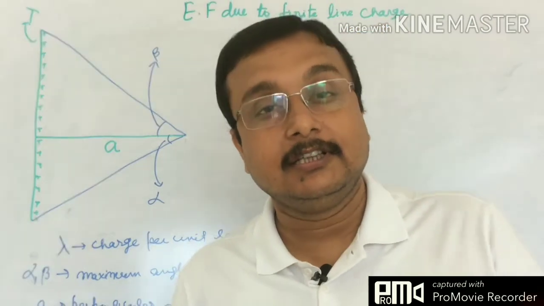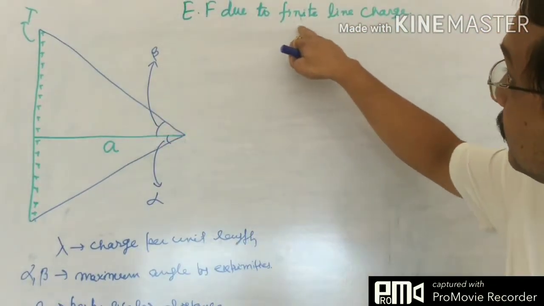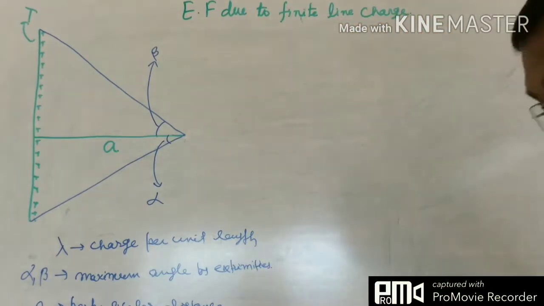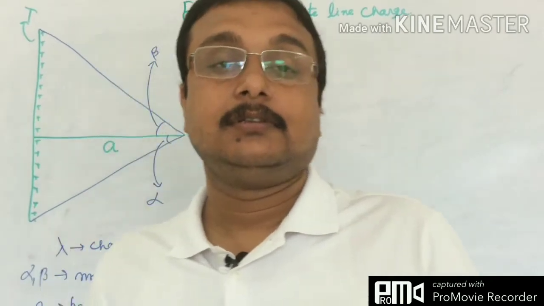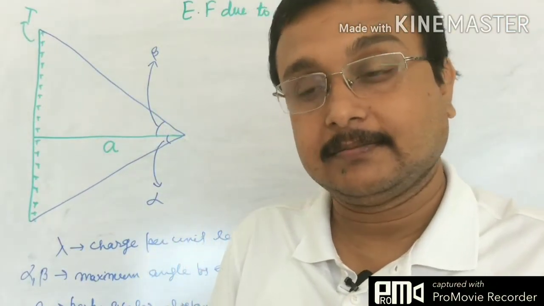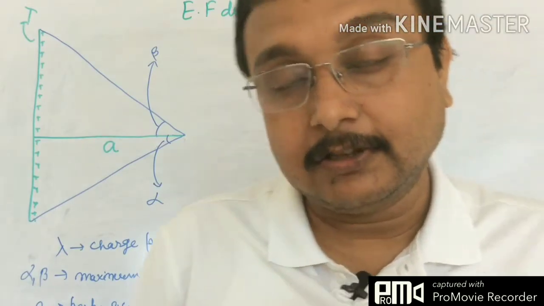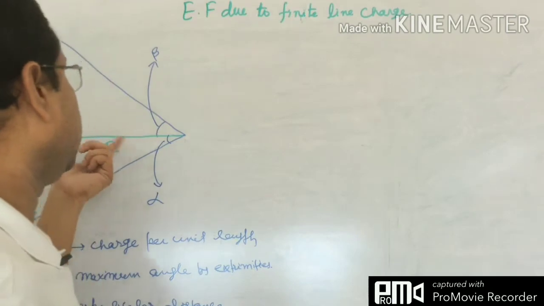And now we are in a position to discuss the electric field due to a finite line charge. Means the length of the line is finite in this case, and it is not very much greater than this.